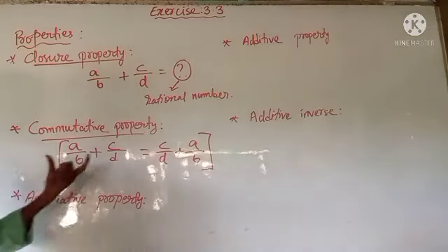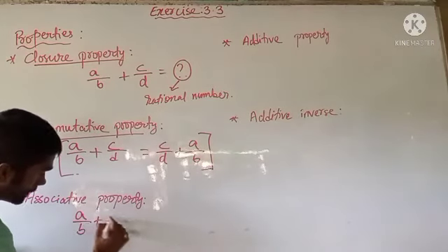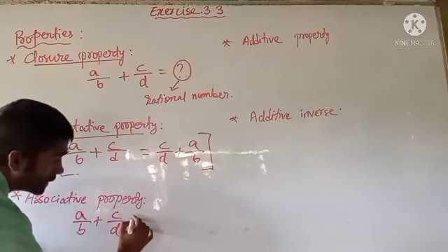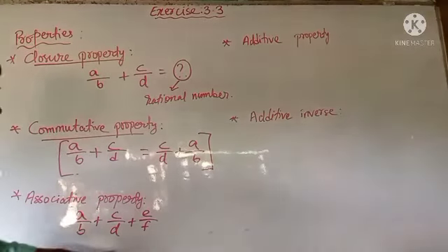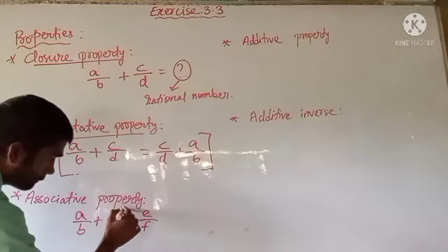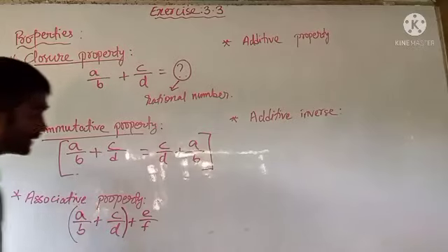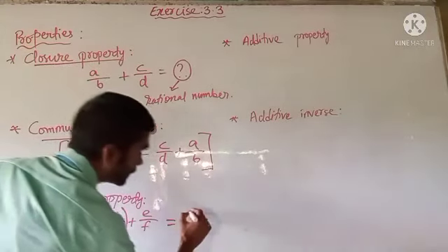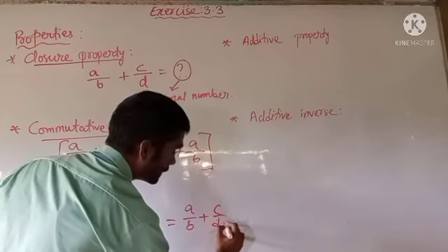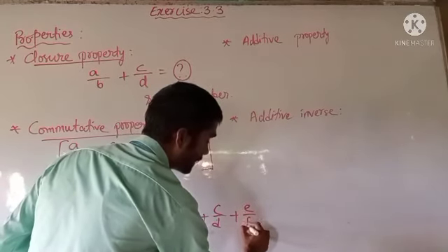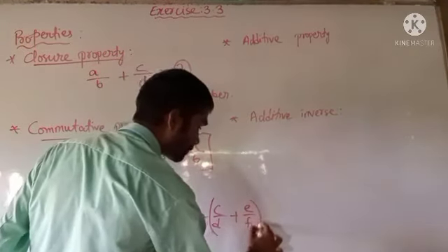Associative property is also similar here. That means a by b plus c by d plus e by f. Here we are talking about three rational numbers. If we add these two first and then we add this e by f, it will be equal to a by b plus c by d plus e by f when we add these two first.